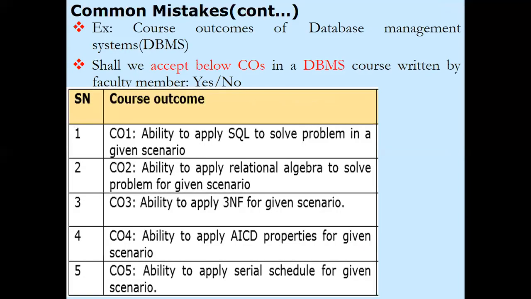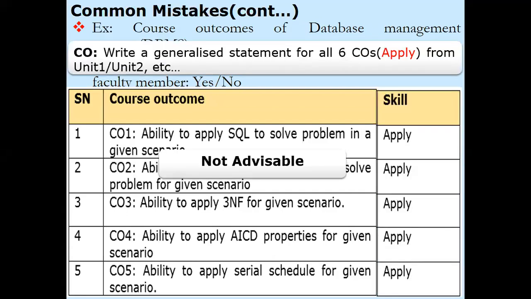Now, there is a subject called database management systems. The faculty member has written the 6 course outcomes. Shall we accept the below course outcomes in a DBMS subject? The answer is no. Here, he has written 6 course outcomes. Yes, as per the MBA, typically every course requires 4 to 6, and he has written 6.